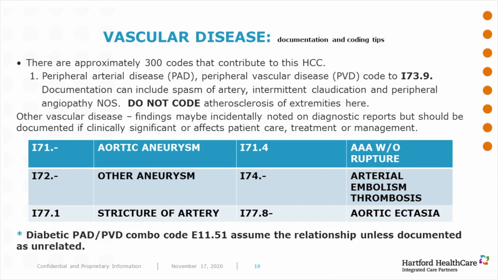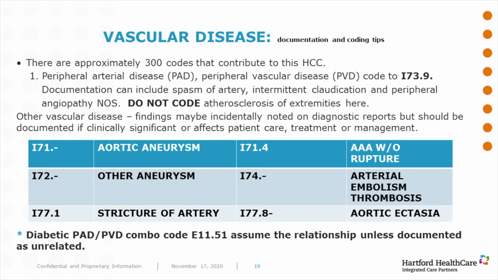Lots of times we do see those in the imaging report, and we know as providers you are reviewing that imaging report, but it's very important that you pull that finding into your progress note so that we can capture that condition, because we know that when the patient comes back in another year you're probably going to send that patient out for more imaging just to make sure that these aneurysms are not growing and becoming a problem for rupture for that patient.